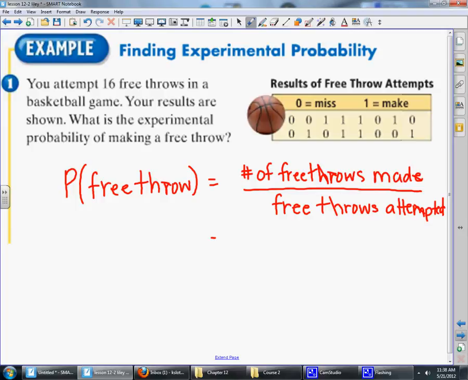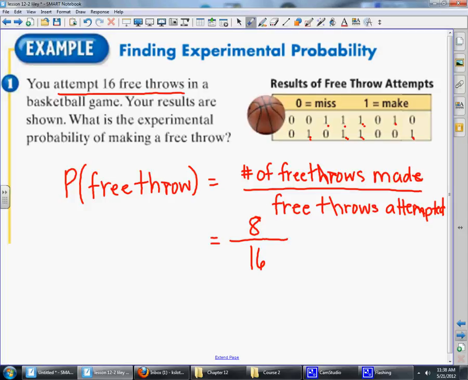Okay, so if we look at this and we count the results, how many free throws did you make? 1, 2, 3, 4, 5, 6, 7, 8. Let's count this one more time. 8 free throws out of how many free throws were attempted? Well, they tell us here that 16 free throws were attempted, so it would be 8 out of 16.